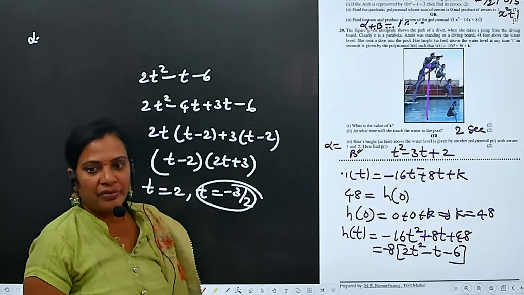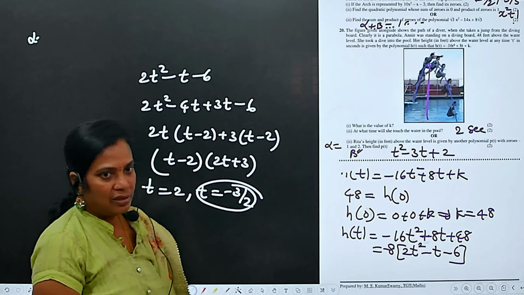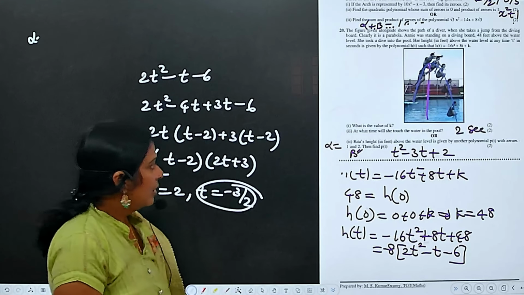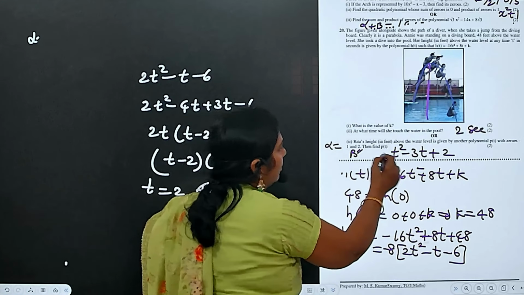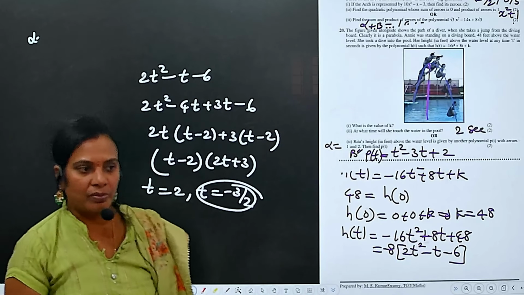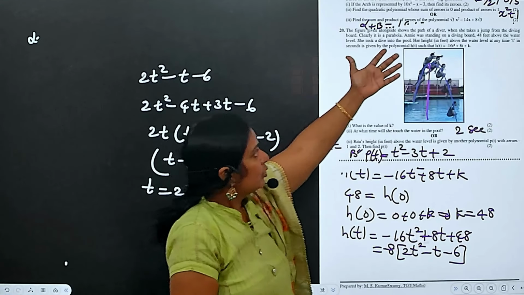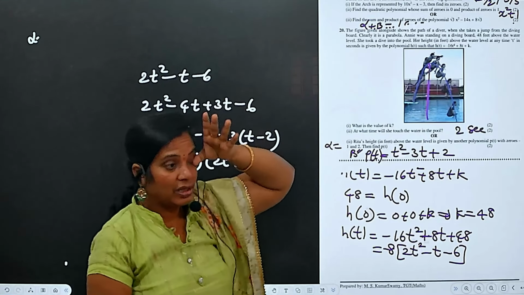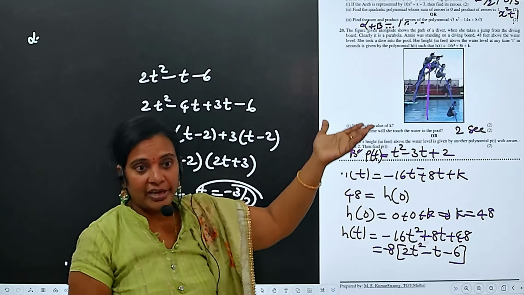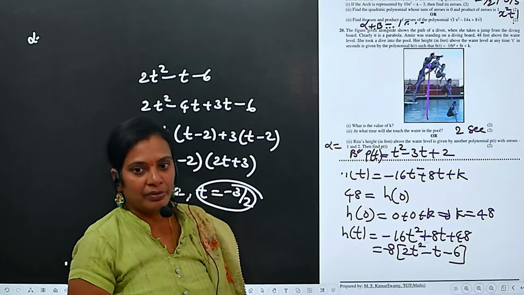Alpha plus beta, 1 plus 2, 3, minus 3T, 2 1s are 2, 2. So P of T equal to T square minus 3T plus 2. అయిపోయిందా? ఇక్కడ ఒకటి మాత్రం చూసుకోండి, 48 feet above the ground అన్నప్పుడు the height is 48 feet at the initial time, అంటే T equal to 0.